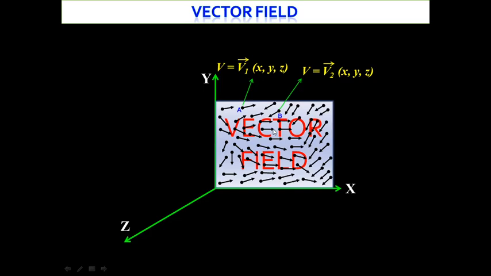Now we will see the examples of vector field. The first well known example is the electric dipole, because an electric dipole consists of a positive and a negative charge separated by a finite distance. Because of these charges, an electric field is created. The electric field has direction from positive to negative, so it is a vector field.